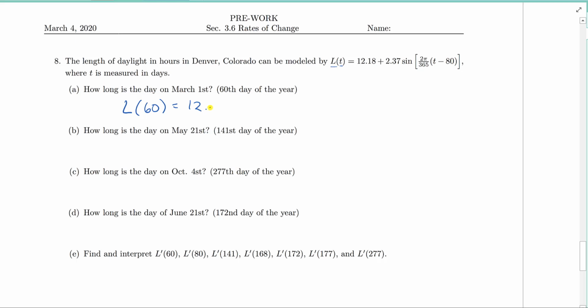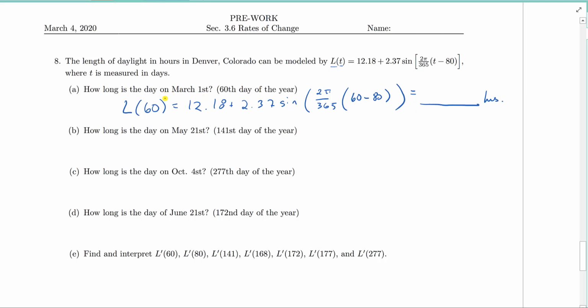So we've got 12.18 hours plus 2.37 times the sine of 2 pi over 365 times, in this case, 60 minus 80, and this would give us the number of daylight hours. So I'll let you compute that, and that gives us the number of daylight hours on March 1st.